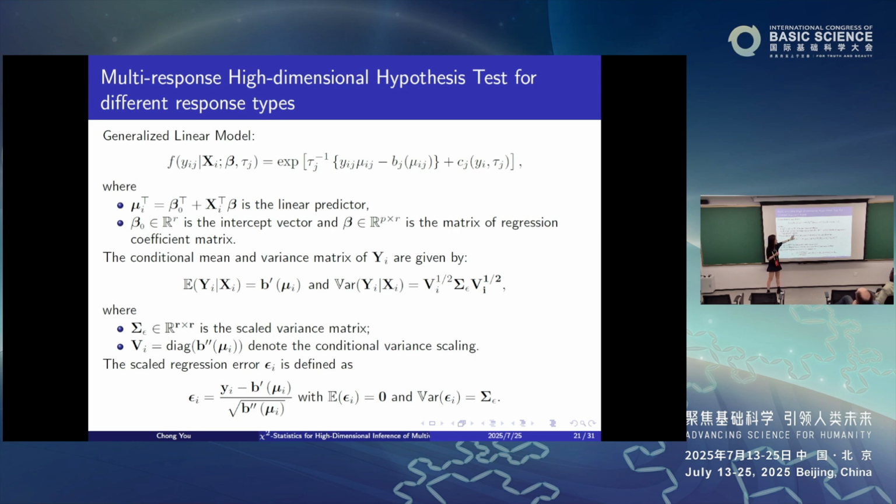But that tau is common for all i's, so we don't need to worry about that one. We only need to scale this part. So all epsilon I's will have the same covariance matrix, sigma epsilon.